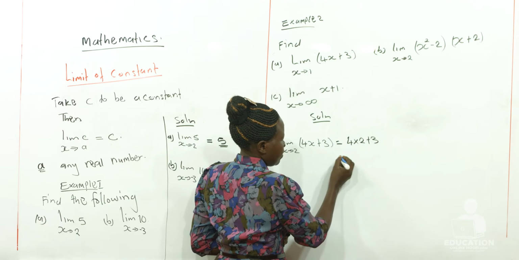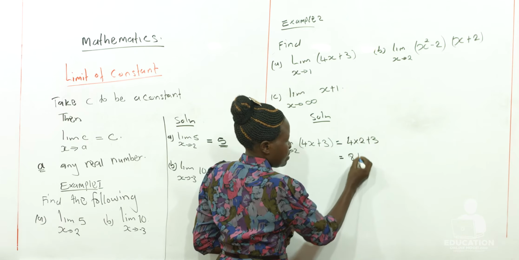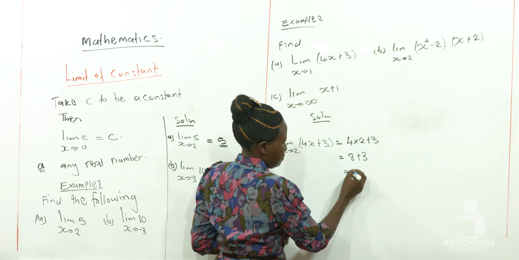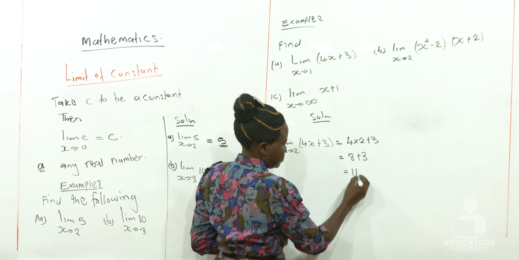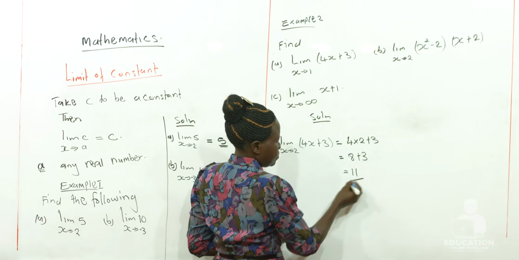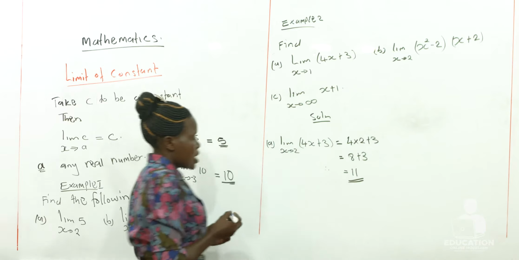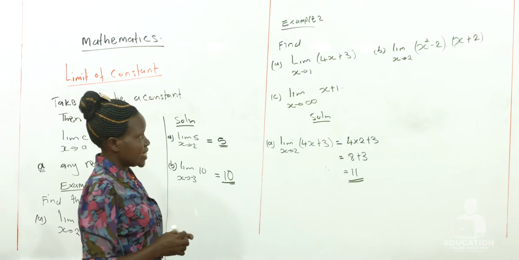So this will give us 8 plus 3, which will give us 11. So our answer will be 11. This is your answer for part A.